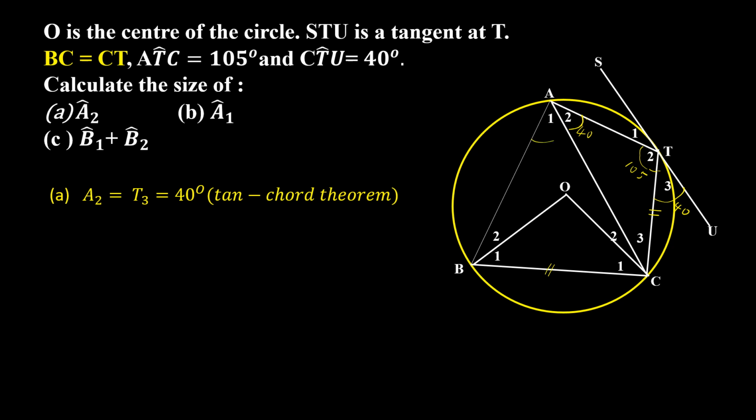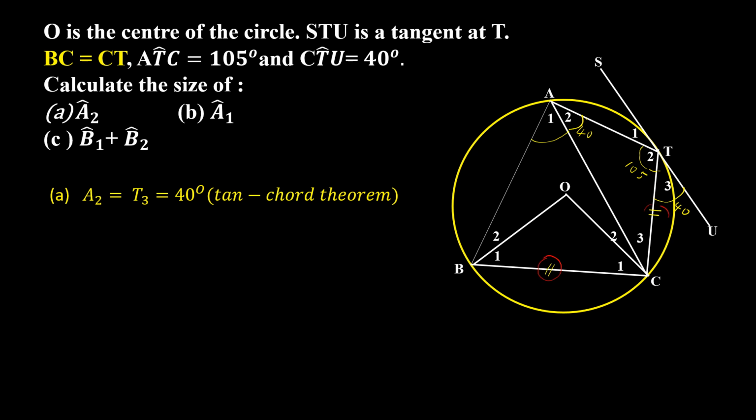Question B, A1. Here is angle A1. Which chord is subtending A1? That is chord BC. Now we notice that chord BC is equal to chord CT. That is great information for us.